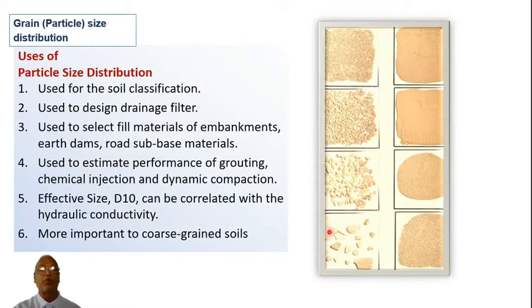Okay, here are some more pictures of a variety of different soils. You can see that these two are almost clays, and in this one the grains are slightly visible. You can call it silty, and this is a sand. This is also a sand, and here comes gravel, right? Sand is from 0.075 mm to 4.75 mm.